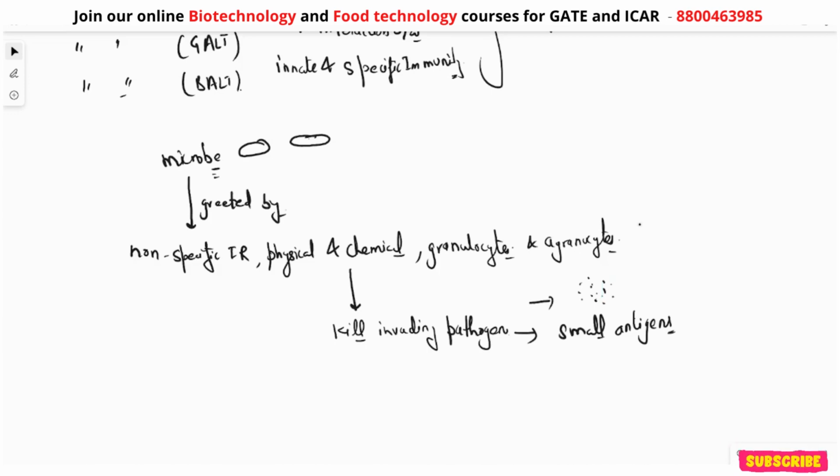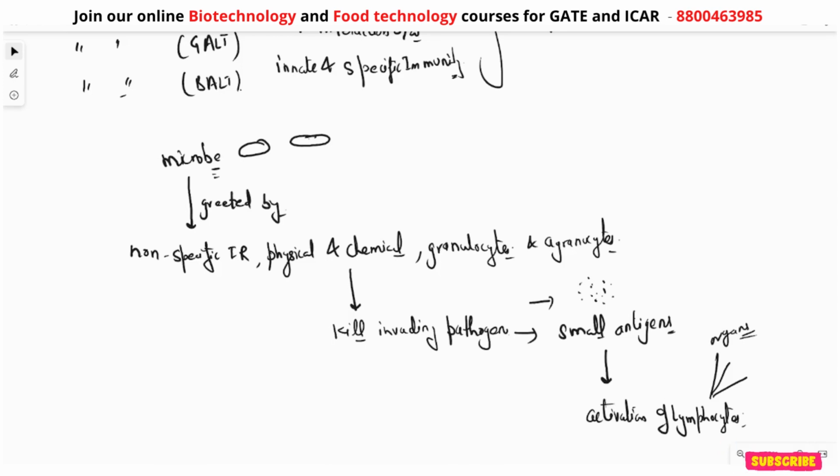These smaller antigens are represented at the surface of phagocytic cells, which leads to the activation of lymphocytes present in organs like the thymus, bone marrow, spleen and lymph nodes.